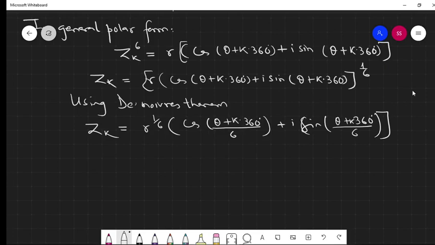After that, r is 1, so 1 to the power 1/6 is gone.